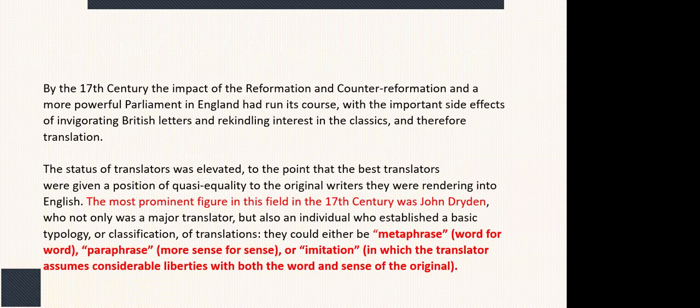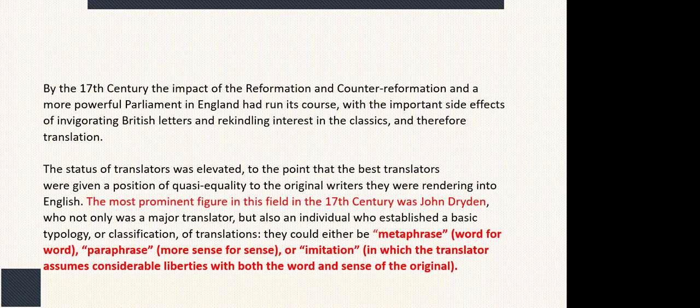By the 17th century, the impact of the Reformation and Counter-Reformation, this is concerning the church, and a more powerful parliament in England had run its course, with the important side effects of invigorating letters and rekindling interest in classics, and therefore in translation as well.